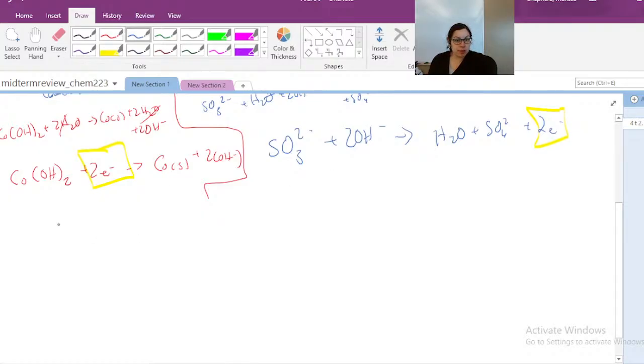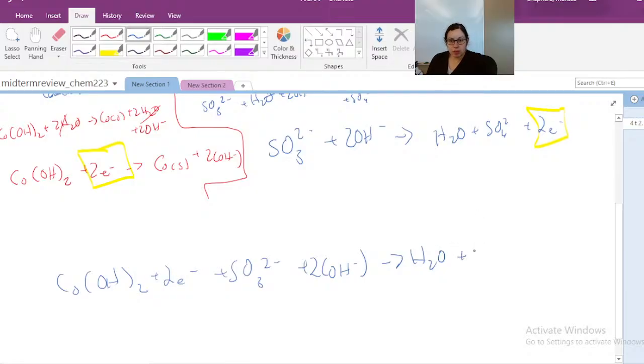So now just writing, so cobalt hydroxide plus 2 electrons plus our sulfite plus 2 hydroxides, just making sure I didn't screw up, and then plus cobalt plus 2 hydroxide.